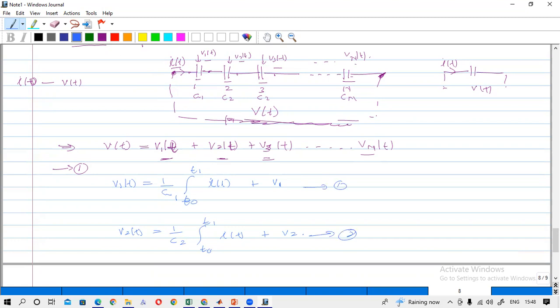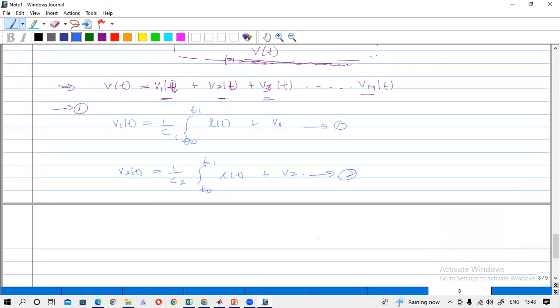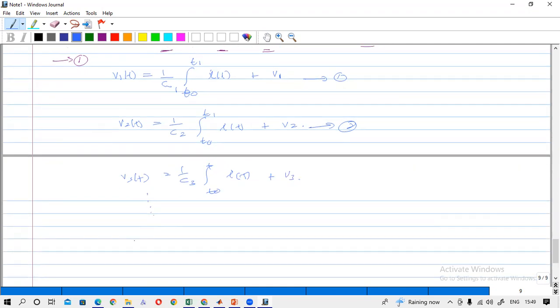And for V3 also I can write the same expression. It is 1 by C3 integral from T naught to T1 of It plus V3 something. So for the nth one also, I can write Vnt is equal to 1 by Cn integral from T naught to T of It plus Vn.